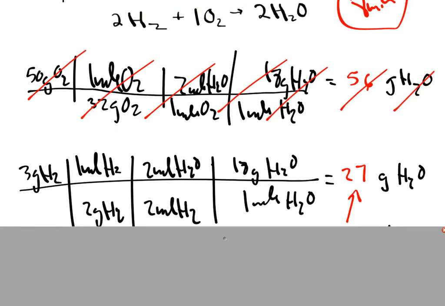Now, the overwhelming mistake kids are making today, please look at the screen, is right here. And I know why you're doing it. You're putting 3 grams of H without the 2. That's because in combustion analysis, we end up with an H by itself.